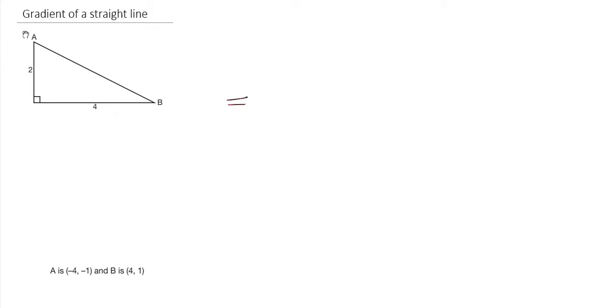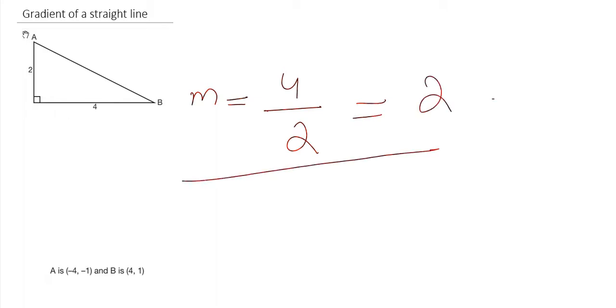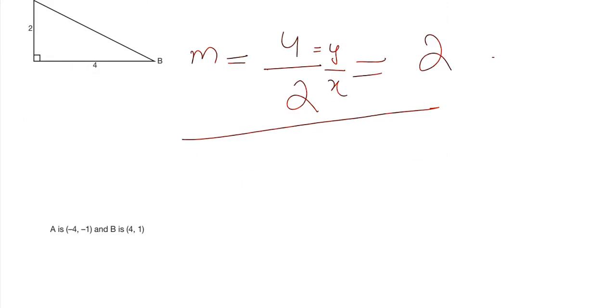You know the gradient is y over x, and that would be equal to 2. 2 is the slope, or you may say the gradient, of this whole thing, y over x values.